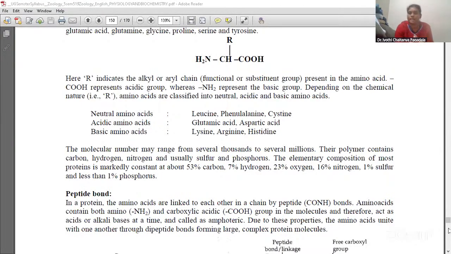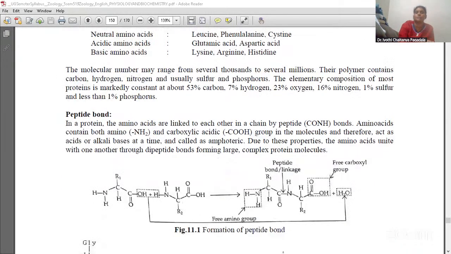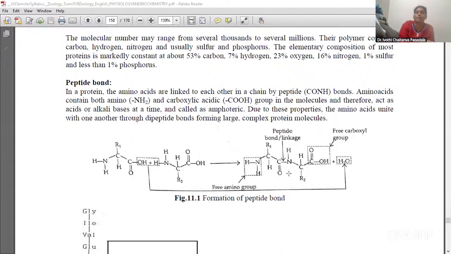Due to these properties, amino acids unite with each other to form dipeptide bonds, forming large complex protein molecules. Here you can see the structure formation of the peptide bond.